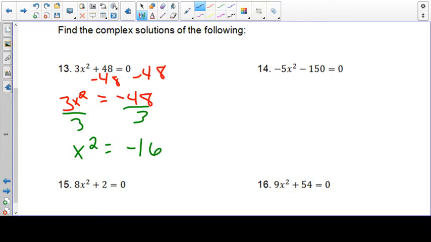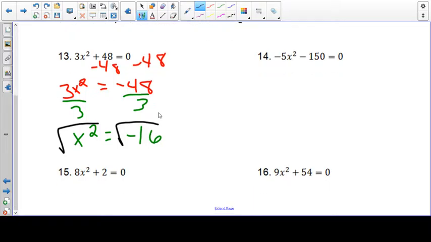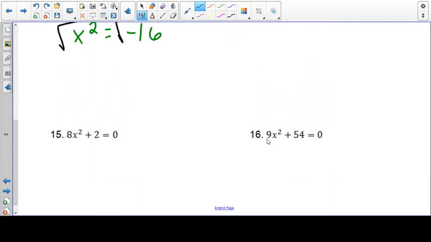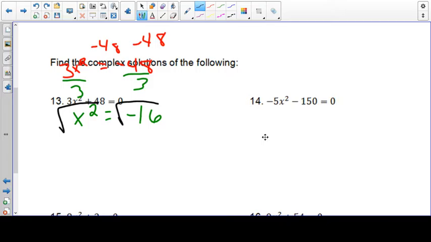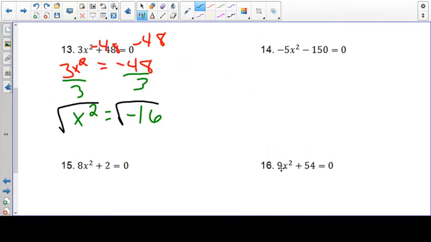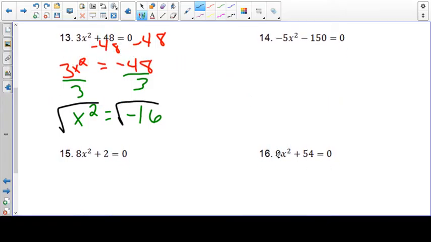Now, to undo something squared, we do the square root. Remember when we talked about square roots and how we could divide them out? Okay. I wanted to see if I can move those bottom two down, but I can't.